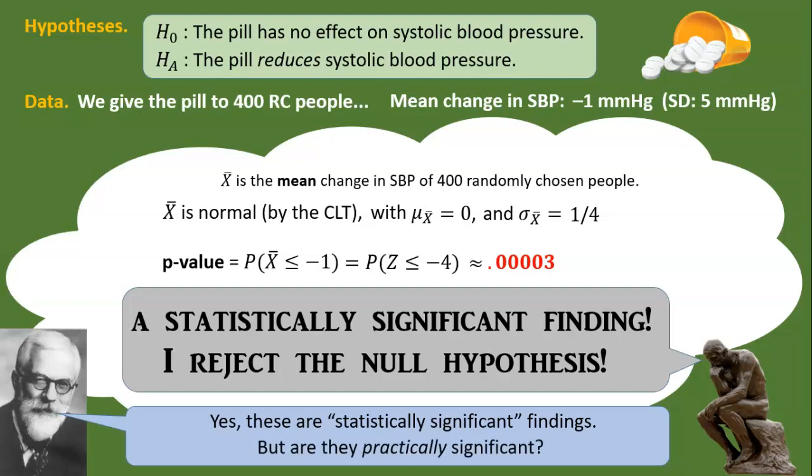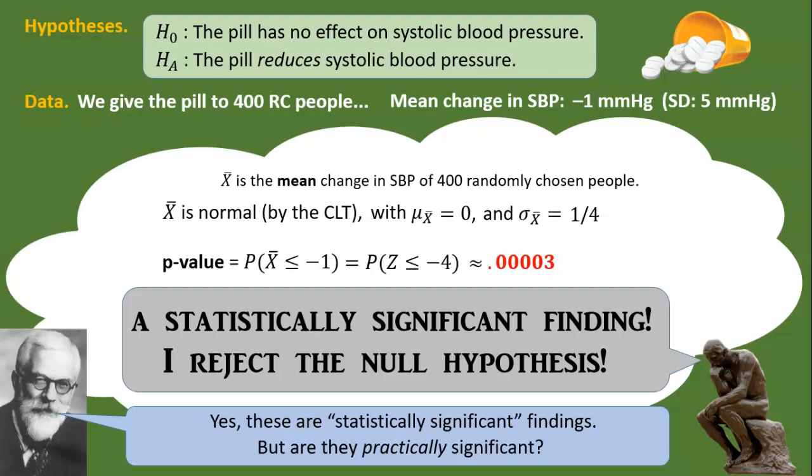The honest answer to this question is almost certainly no. True, this drug does genuinely seem to reduce systolic blood pressure, but only by a tiny, tiny bit, namely by an average of 1 millimeter of mercury, a reduction far too small to have any practical effect whatsoever on a person's health. This is probably not the drug to which we should be devoting our precious research hours and dollars.